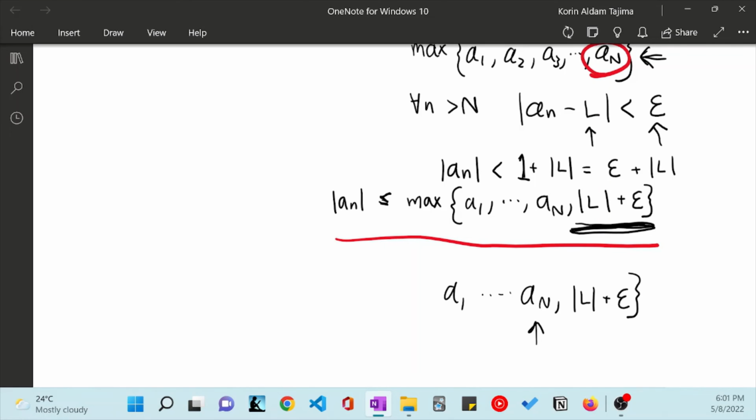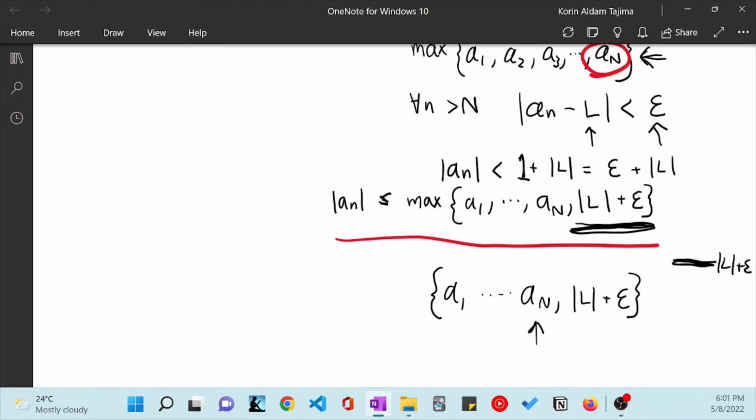So this set is every value in our sequence up until capital N, and then kind of a rooftop. No number can go over absolute value of the limit plus epsilon after a sub capital N. No value can go over that by the limit definition, right?